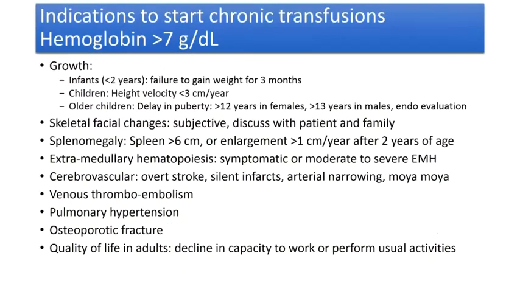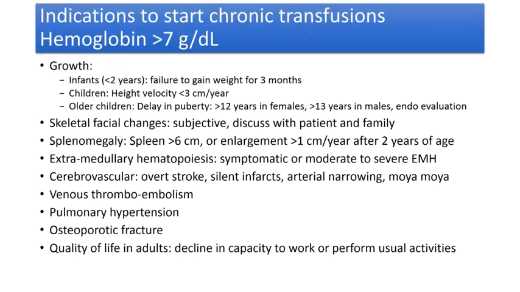But what if the hemoglobin is greater than 7? Yes, these individuals may also need to be started on transfusions, and the guidelines are over here, and these usually mean that the anemia is having a significant effect on physiology or quality of life. So if growth is being affected in infants, children, and older children, if there are significant skeletal facial changes, or if there's splenomegaly, so either the spleen is big or is enlarging rapidly, that is an indication to begin transfusions, or if transfusions are already being given, to maybe intensify them.